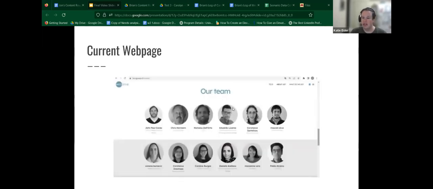Here's a screenshot of part of the current page. Just from this page, I can point out a few inconsistencies. Some of these photos are more in focus than others. There are no degrees or certifications or other professional letters listed after names.